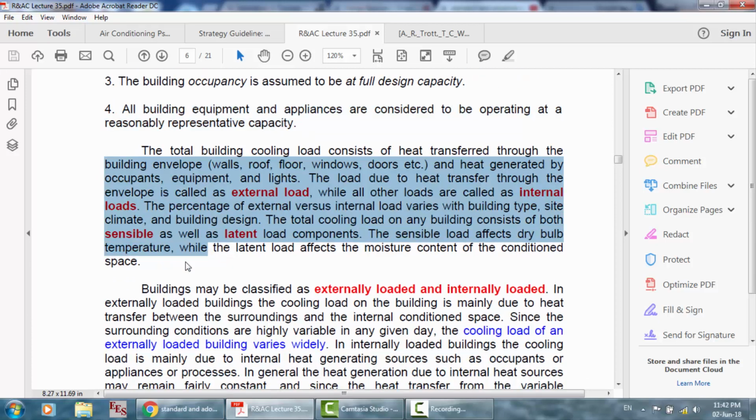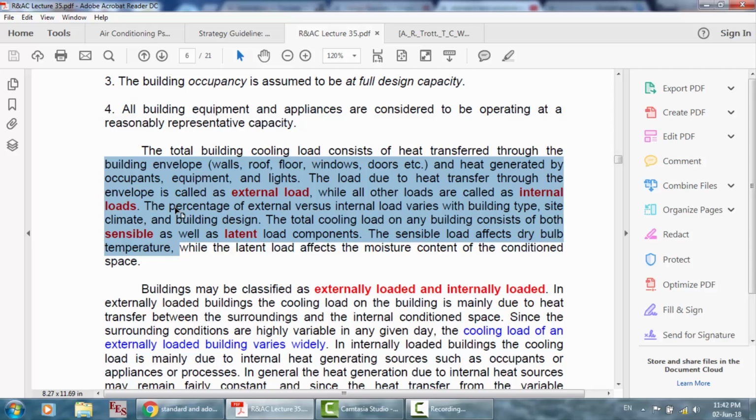So the total building cooling load consists of heat transferred through the building envelope, walls, roof, floor, windows, doors, etc., and heat generated by occupants, equipment, and lights. The load due to heat transfer through the envelope is called the external load, while all other loads are called the internal loads. The percentage of the external versus internal load varies with building type, site climate, and building design.